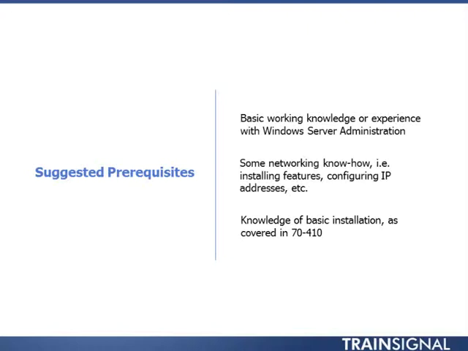That being said, we will be referencing, for example, the 70-410 course a couple different times in this course. There'll be a number of places where we'll reference other courses that you'll want to have under your belt to be able to appreciate some of the neat features we're going to be introducing you to. So now that you have an appreciation for the prerequisite knowledge that you're going to need to approach this course, let's take a moment to look at the things that we're going to cover.